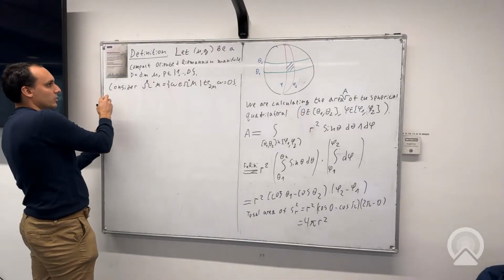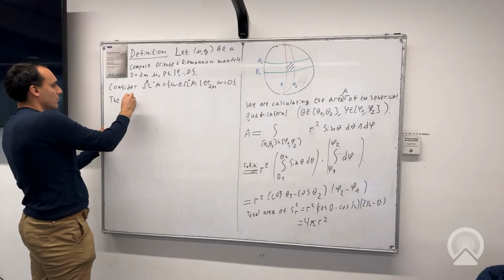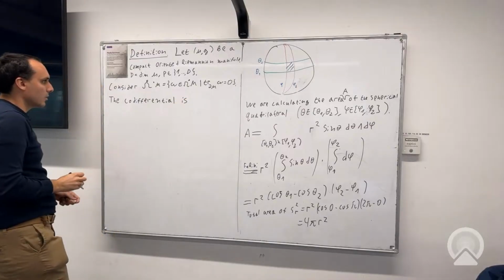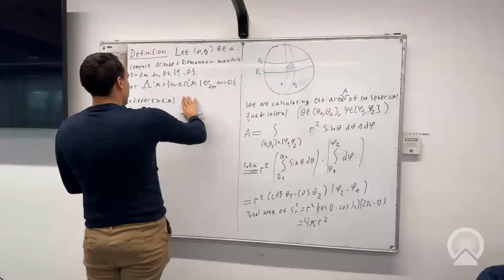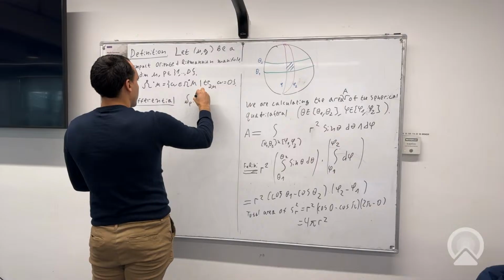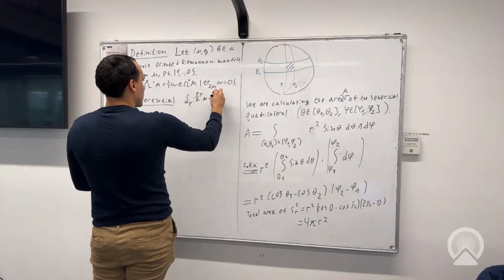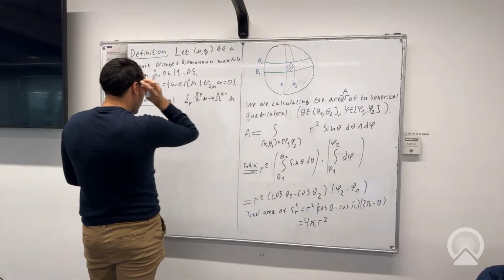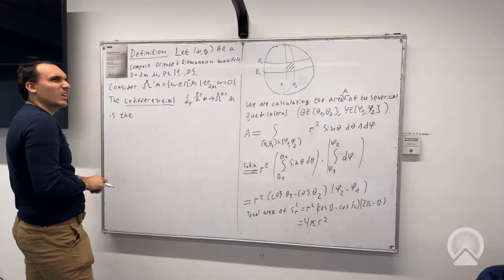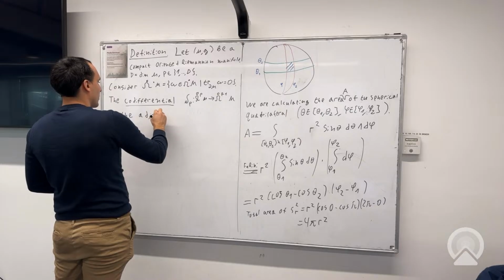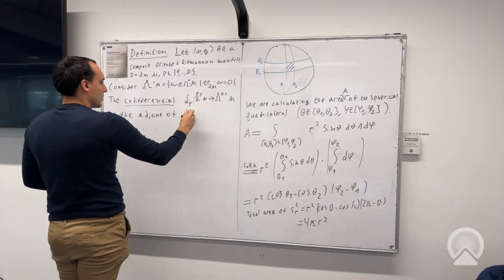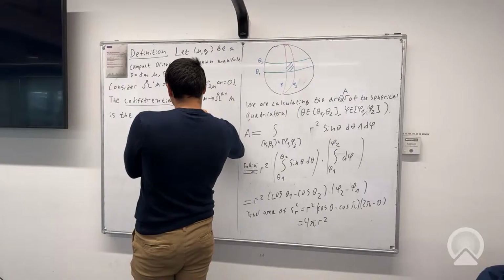So the codifferential is defined by codifferential delta p from omega 0 p of M to omega 0 p minus 1 of M, is what's called the adjoint of d when restricted to omega 0. So this is the adjoint of d p minus 1.